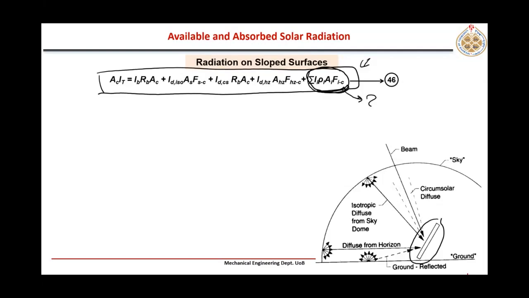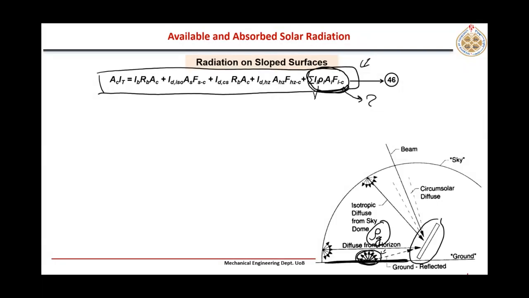So as an assumption, we assume around that collector there is one single ground surface. There is one particular horizontal surface, and that surface is emitting or reflecting radiation diffusely. Diffusely means constant in every direction. There is one particular surface with some averaged reflectance, which is called ground reflectance.